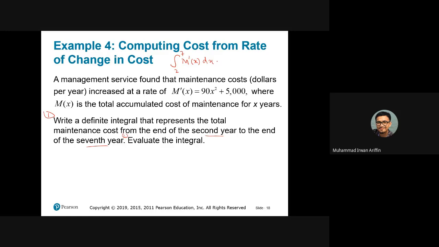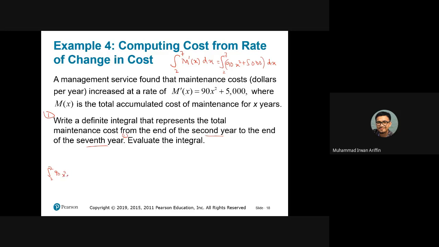So what we need to do is rewrite the whole thing here: the integral of 90x squared plus 5,000 dx. When we want to find the antiderivative, we can separate them, right?